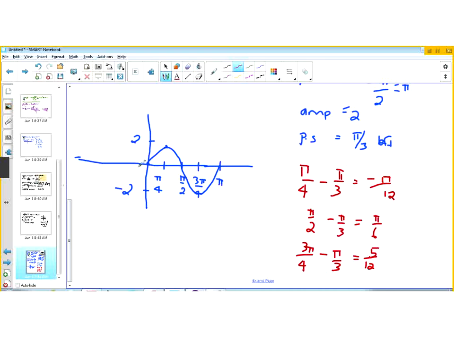Okay, so pi fourths goes to negative pi over 12. Pi halves goes to pi over 6. 3 pi over 4 goes to 5 pi over 12. And pi goes to 2 pi over 3. So the curve will go from 0 to 2 to 0 to negative 2 and back.